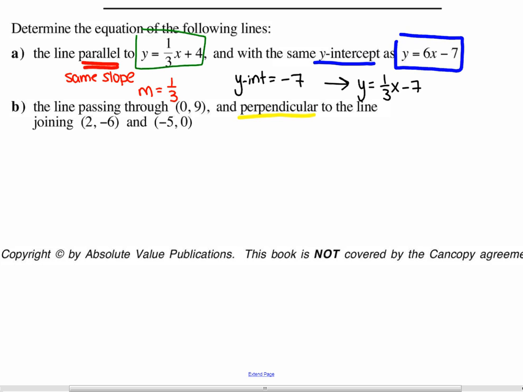Opposites. They're a 90-degree angle. Does that relate to the y-intercept or the slope? It relates to the slope. Remember, it's going to be the negative reciprocal, or opposite sign reciprocal. So that's what we want to find first. We want to find the slope.